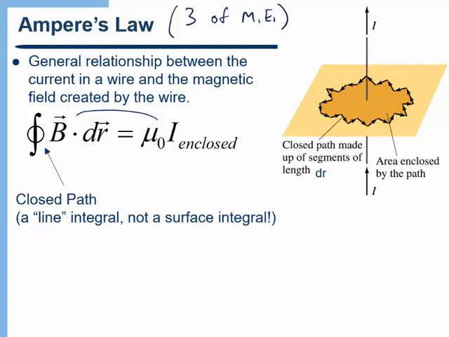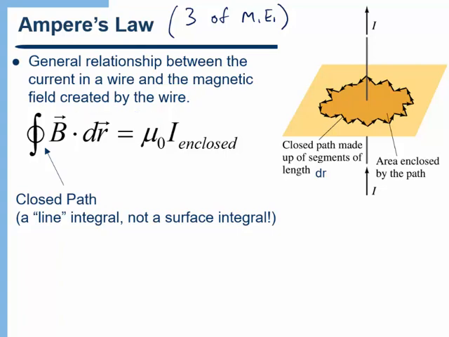Okay, you'll notice that we've got a circle on our integral here, just like for Gauss's two laws. Here, though, it means something a little different because you'll notice that this is not an area. It's not like flux. It is just a length or distance. And so we call this a line integral. It's not a surface integral.